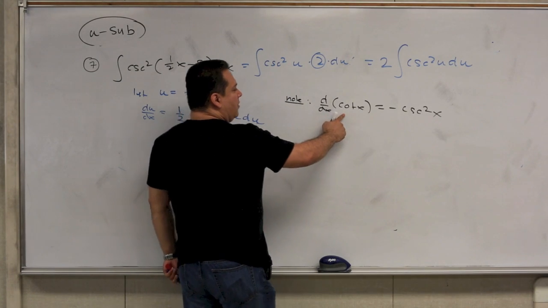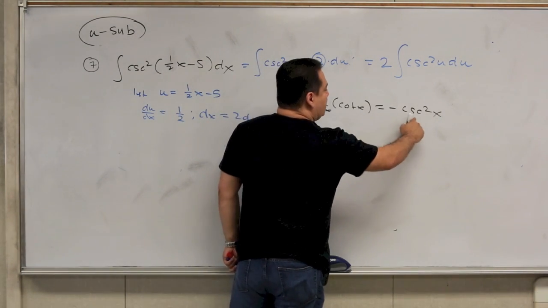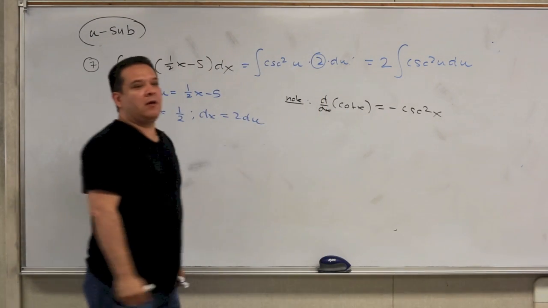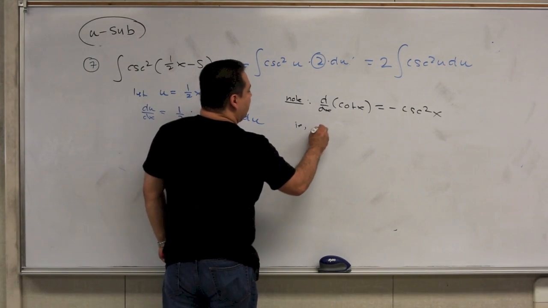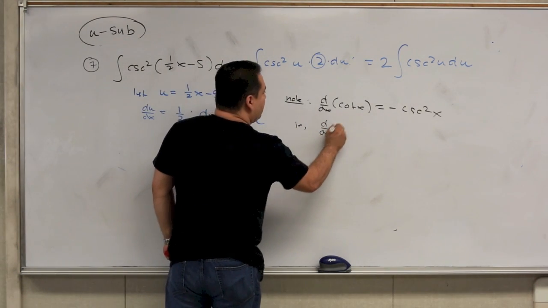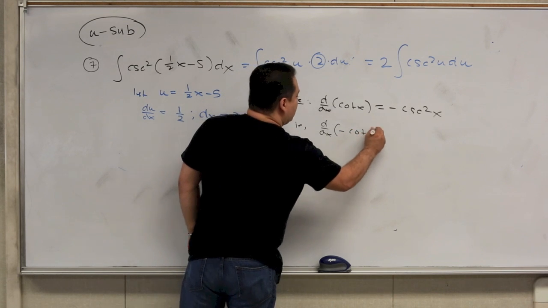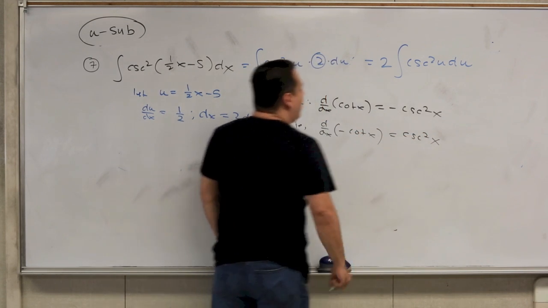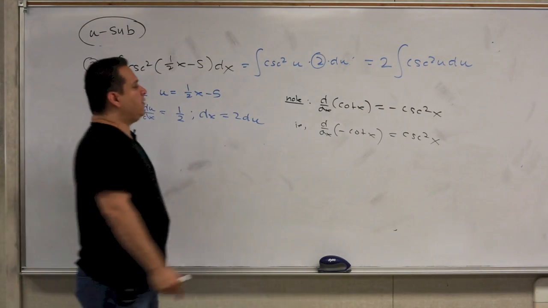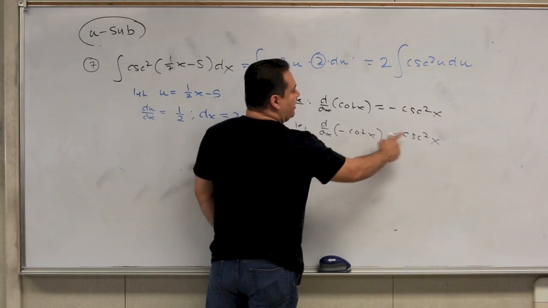Differentiate cotangent, what is it? Negative cosecant, and it's to the 2nd power. So, in other words, the derivative of minus cotangent is actually cosecant squared. Is that right? Okay, so if I differentiate negative cotangent, I get cosecant squared.